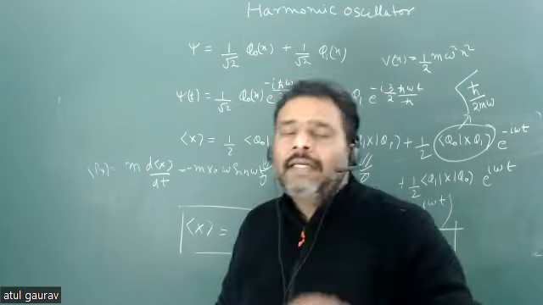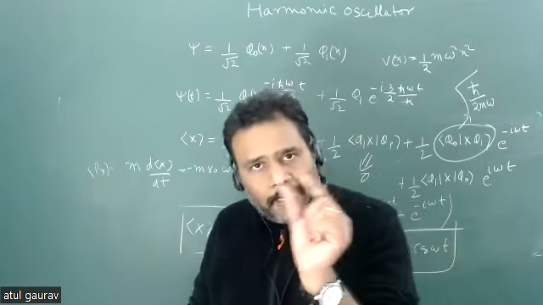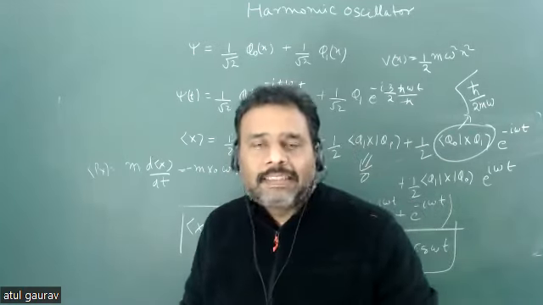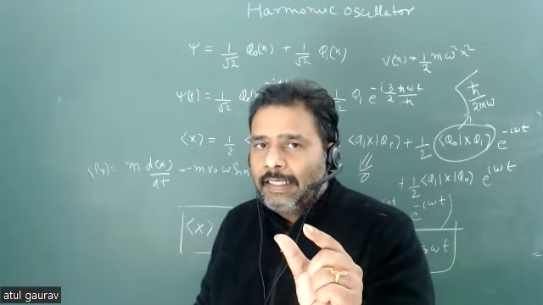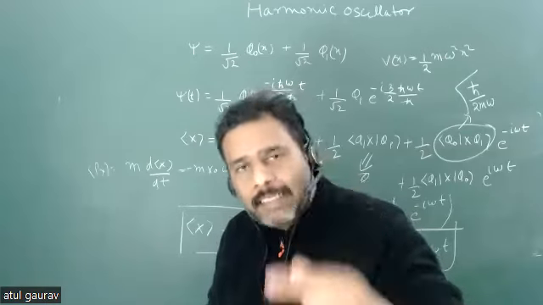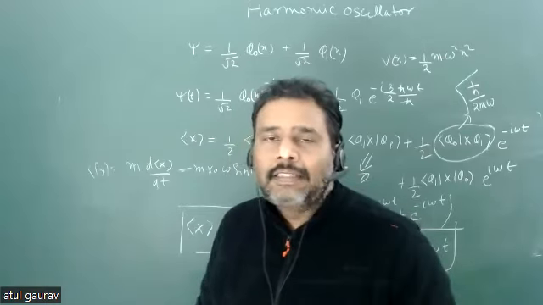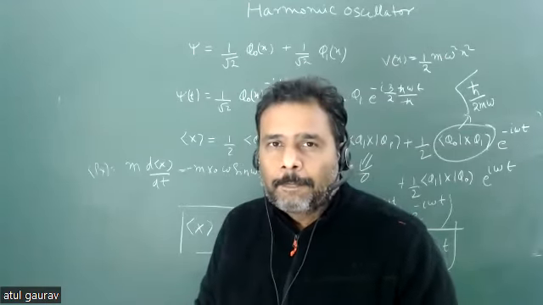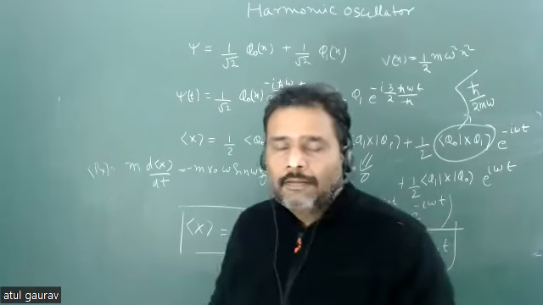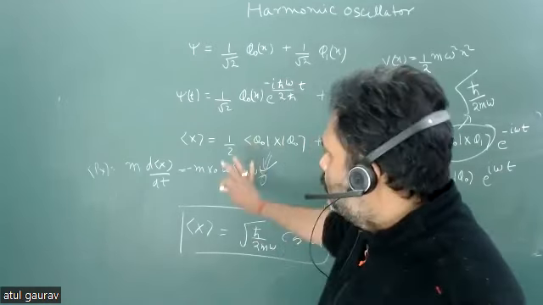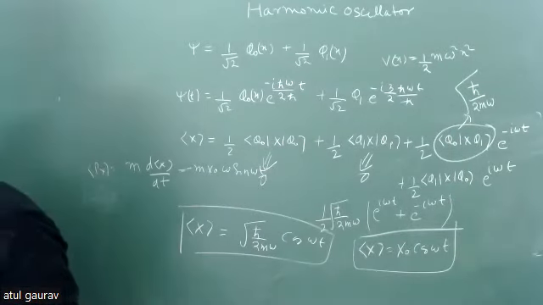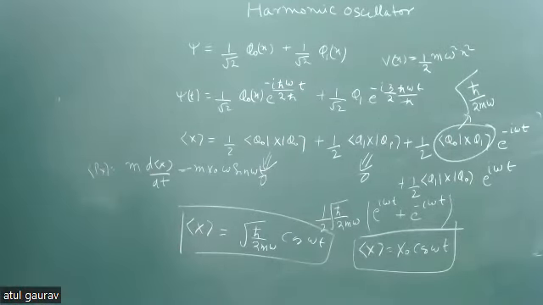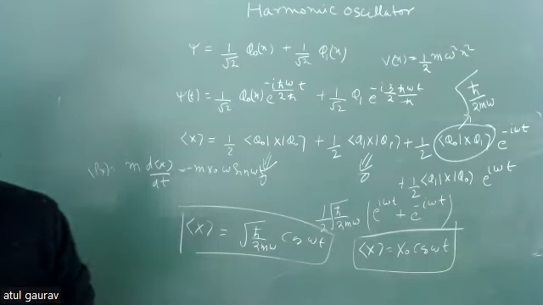In quantum mechanics also, if I am talking about the expectation value of x, that is an average thing, and it behaves exactly like classical mechanics. Isn't it? You should appreciate this beautiful problem. Is it clear till here? Okay, let's come to the next problem.